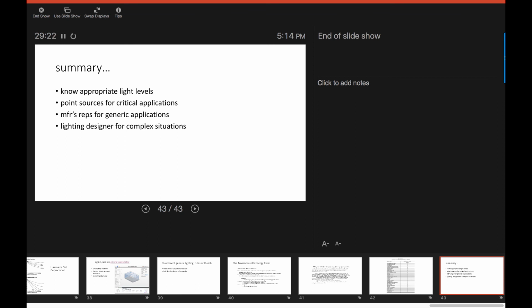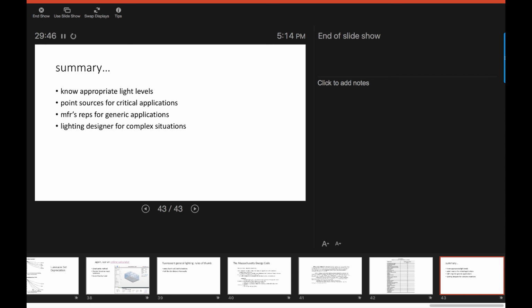And then for things like if you're working on a school, very commonly you will call up manufacturers' reps and say, all right, what can you do for me? And here's the light level I'm shooting for, and they'll give you some options for different fixtures. Okay, because in situations like that, the options are extremely varied, and also the cost implication. You're just not going to know about that.